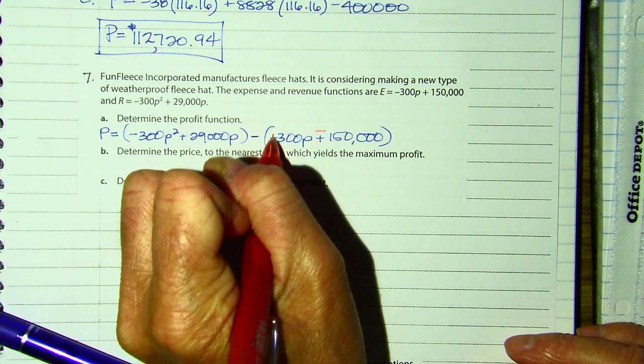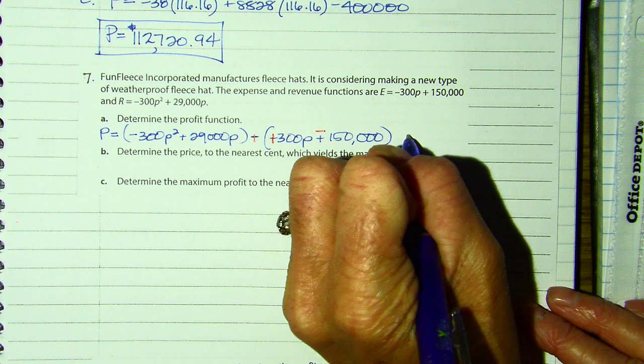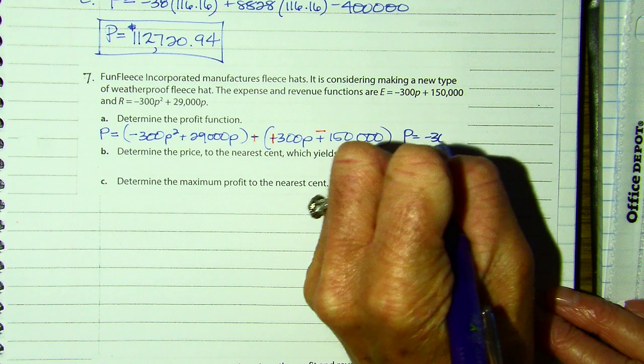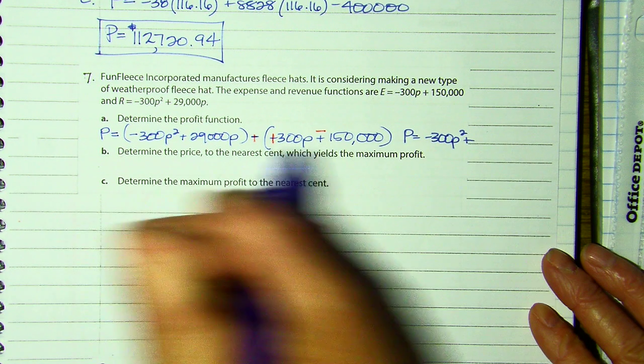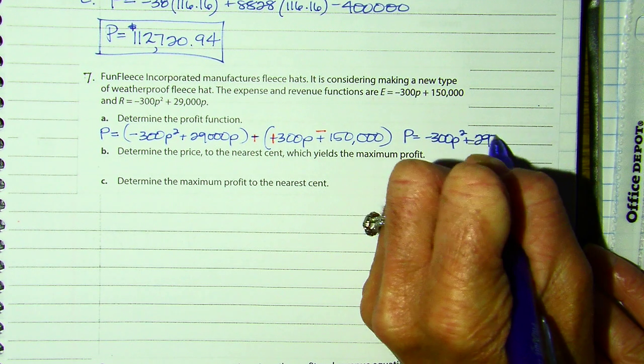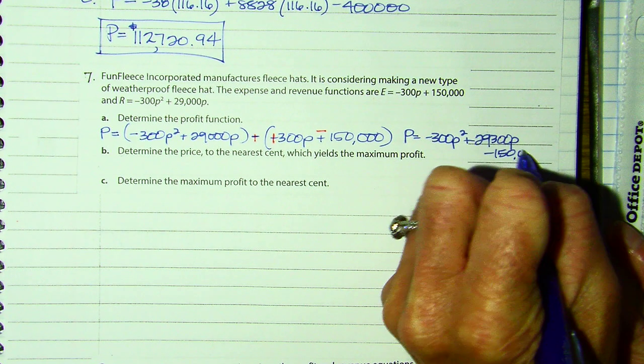And now that I've changed their signs, I'm adding them. So my profit equation is negative 300p squared plus 29,000 plus 300 is 29,300p minus 150,000.